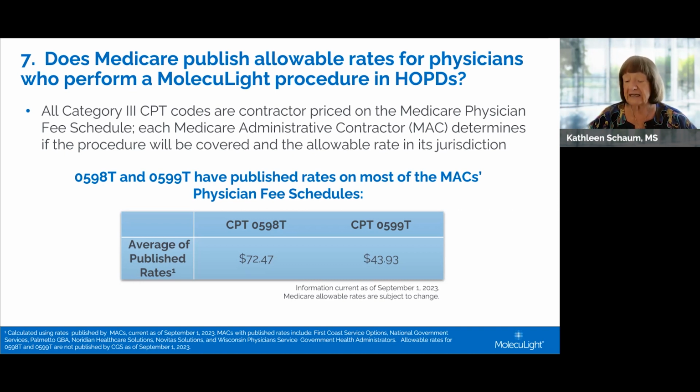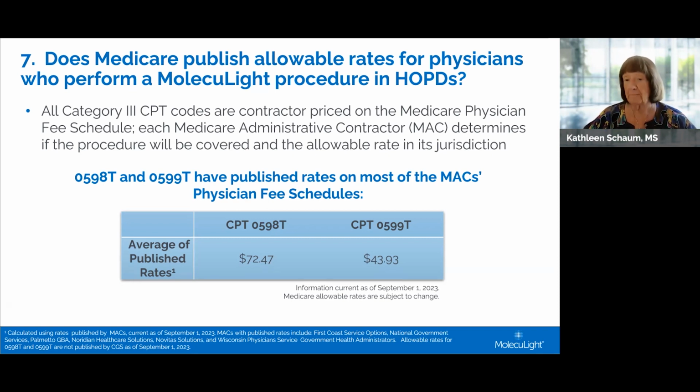That means that each Medicare administrative contractor determines if the procedure will be covered and determines the allowable rate in its jurisdiction. Now, at the time of this recording, CPT codes 0598T and 0599T have published allowable rates on nearly all of the MAC physician fee schedules.